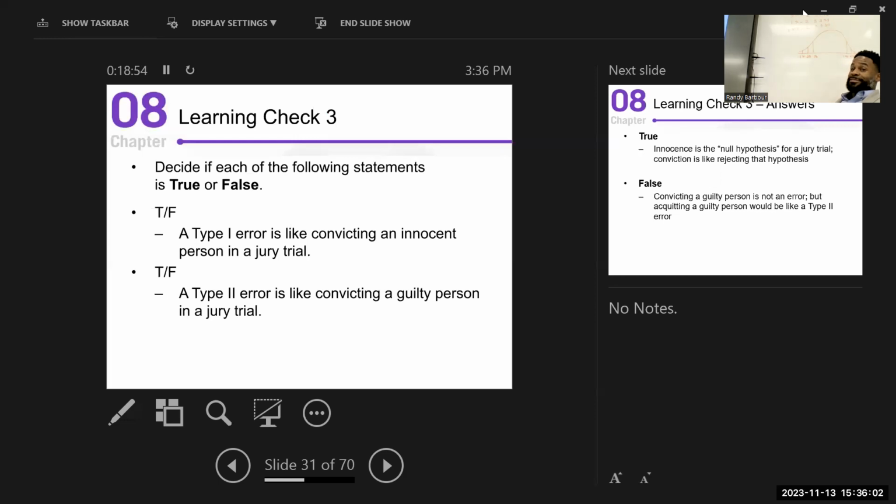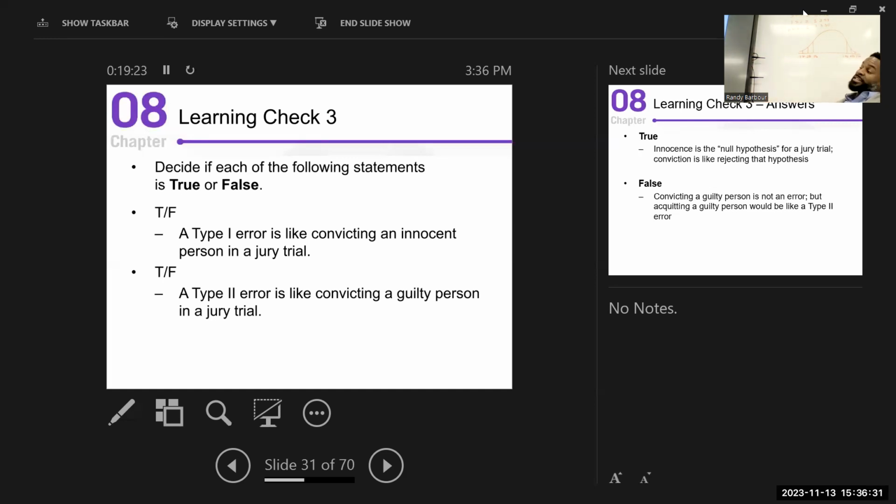That's what we want to do, right? When you reject the null hypothesis, which says that he didn't do anything, that means he did something. When I fail to reject, that means I think he's innocent.